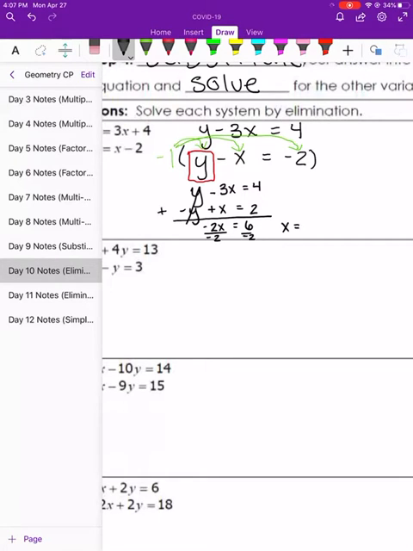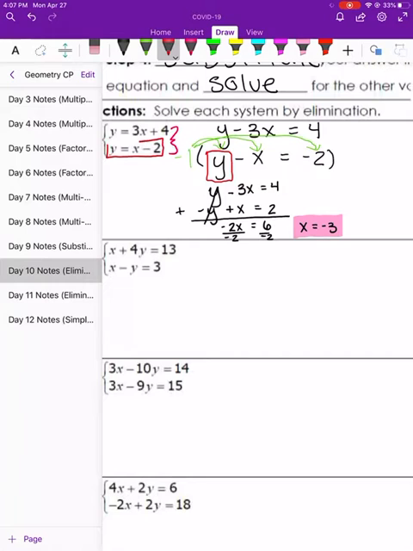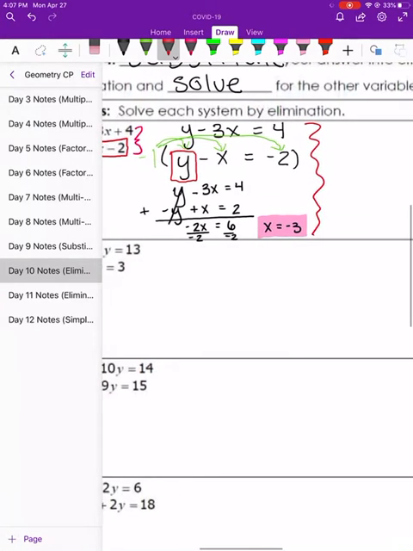Solve for x, divide by negative 2, and I get x equal negative 3. And now I need to solve for my y, because you need an x and you need a y. So I need to choose one of my equations from over here. You have to choose one of your originals. I think the second one is going to be easier to work with, but it honestly does not matter which one you choose.